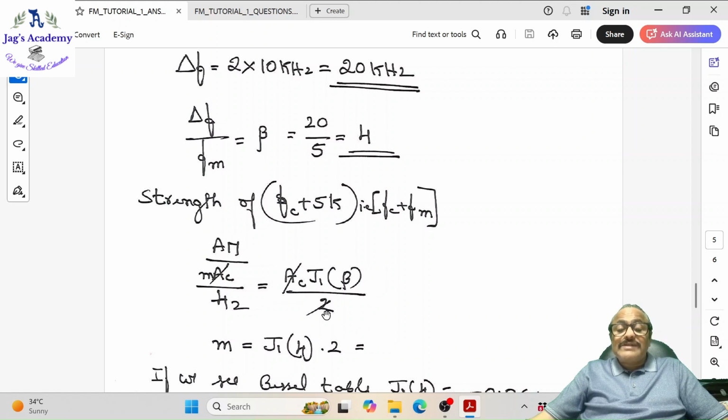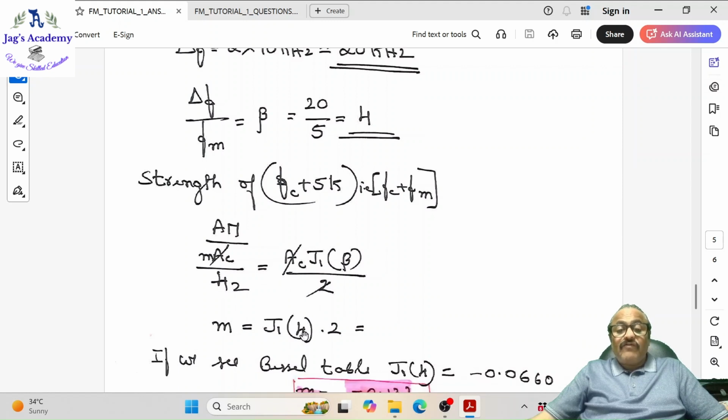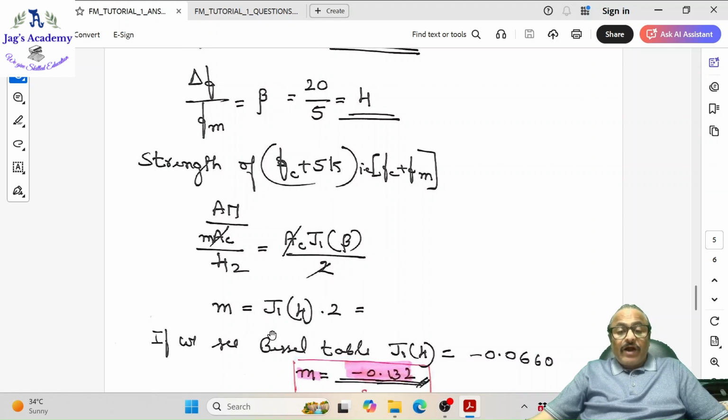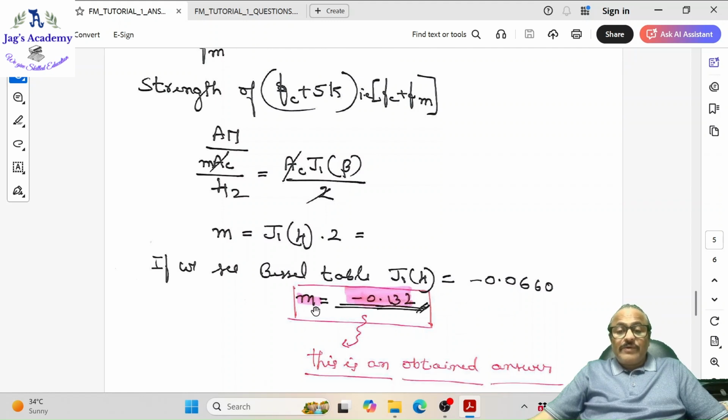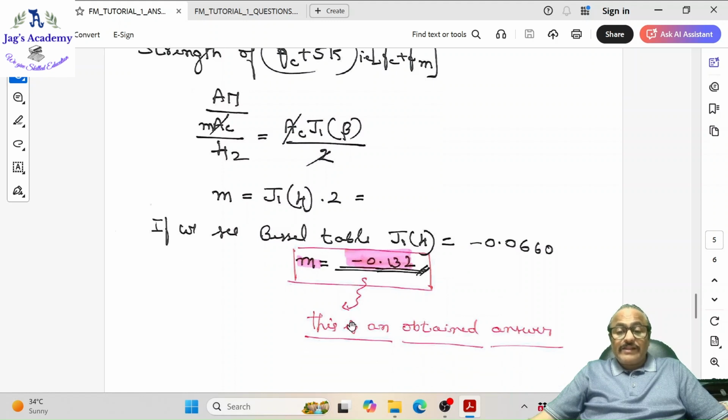Compare these two: Ac gets cancelled, and m is going to be J1 of 4 into 2, since beta is 4. From the Bessel table, J1 of 4 is equal to minus 0.0660. So m is going to be minus 1.132. This is the answer.